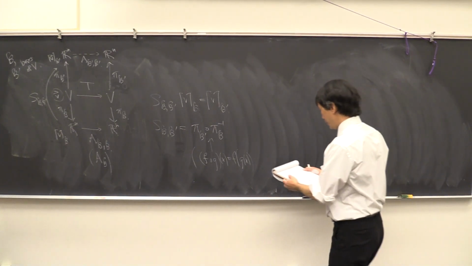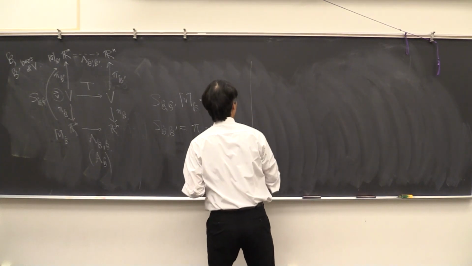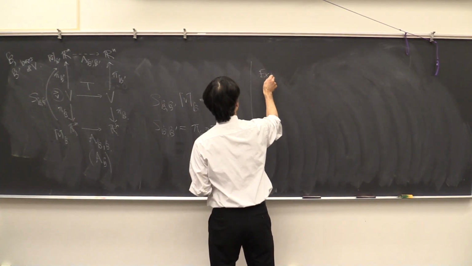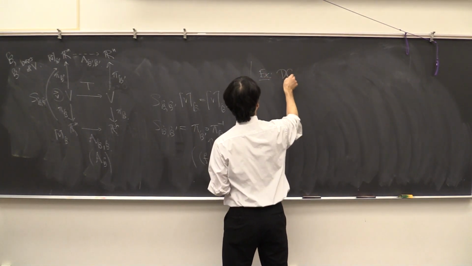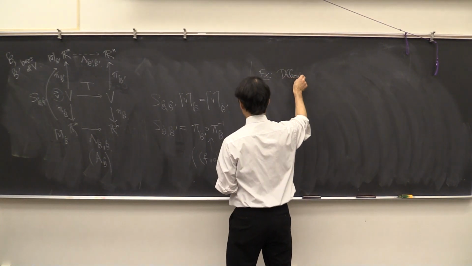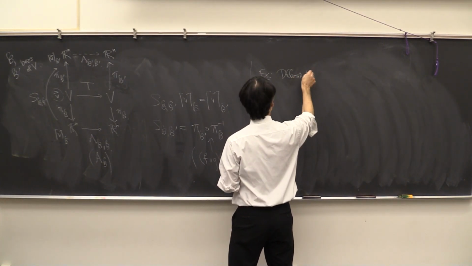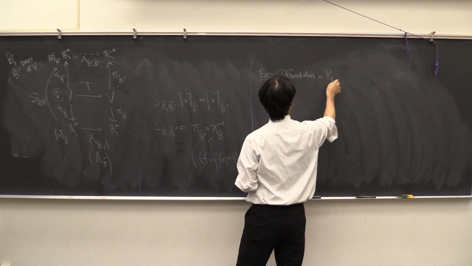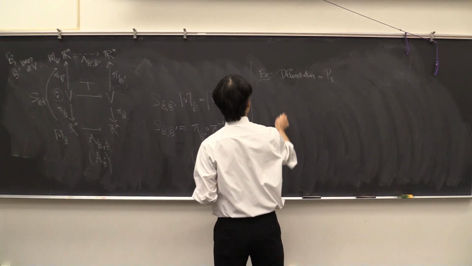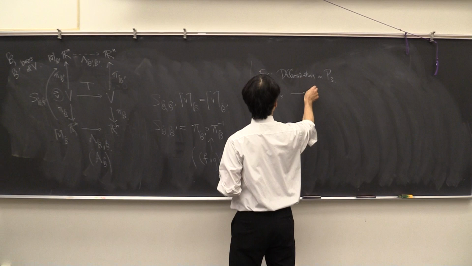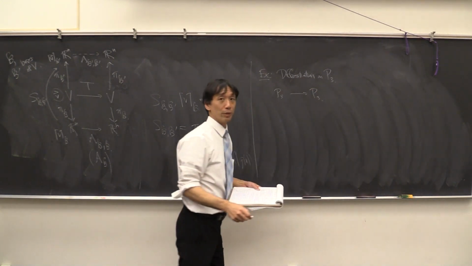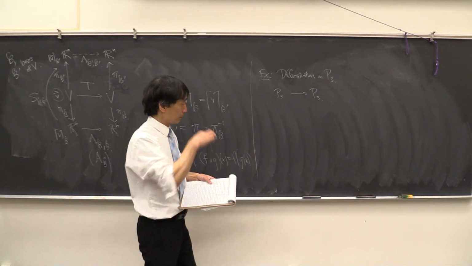Okay, so let's do the example. The example is, again, differentiation on P3. So we have polynomials of degree less than 3.